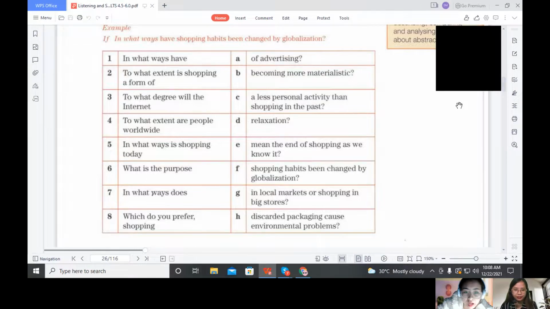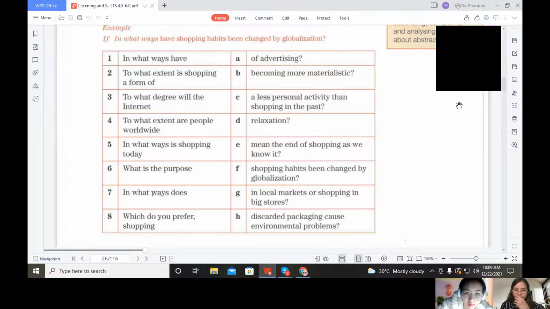To my mind, I don't think the internet will make shopping as we know it come to an end, because, as I know, like me, many people like the feeling of going to the physical stores, and they can see or try real products.